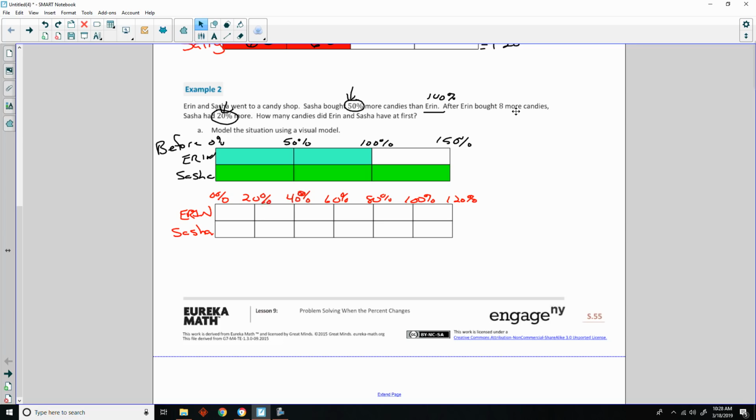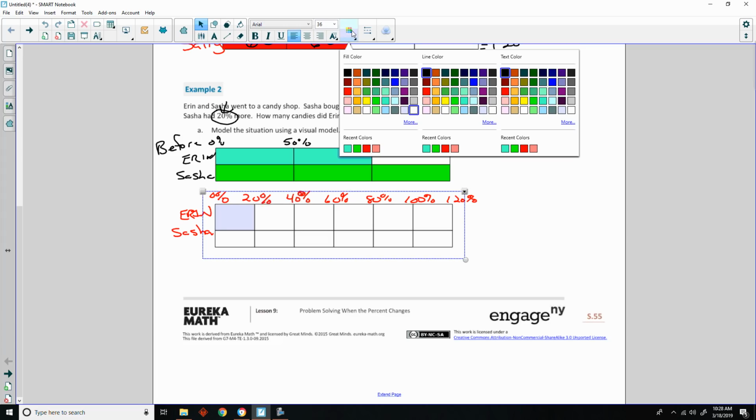After Erin bought 8 more candies, so now Erin, who had 100%, after she bought 8 more candies, Sasha had 20% more. So Erin added 8 candies to get to the 100%. So what's going to happen here is, let's use red here.